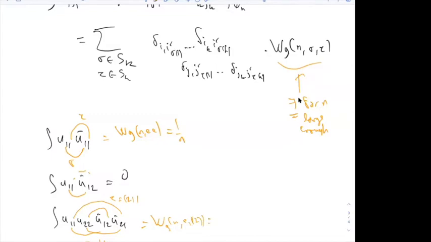And here, this is known to be what? I have to remember. This is -1 over n(n -1)(n plus 1). Okay, this is this quantity.